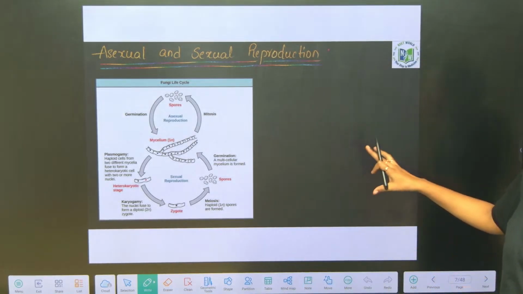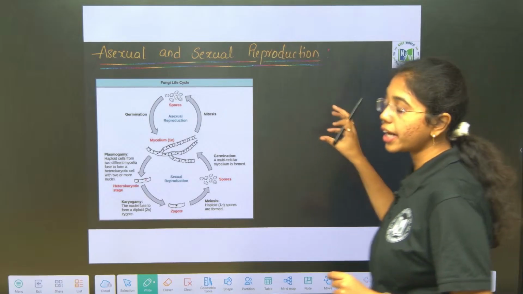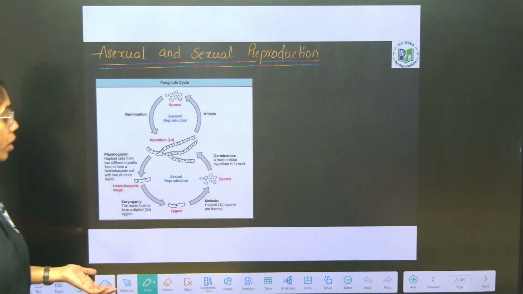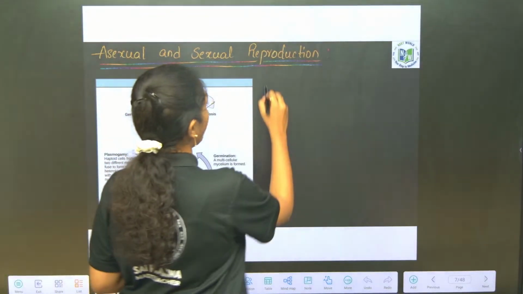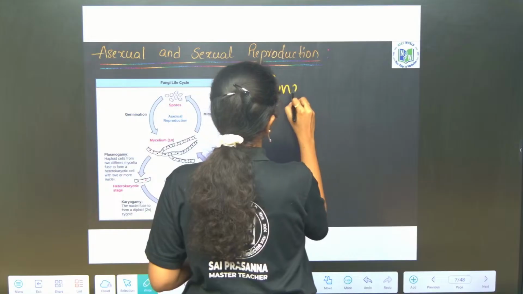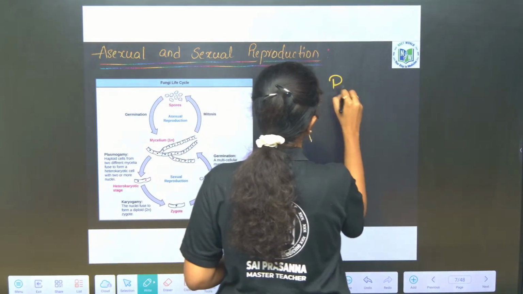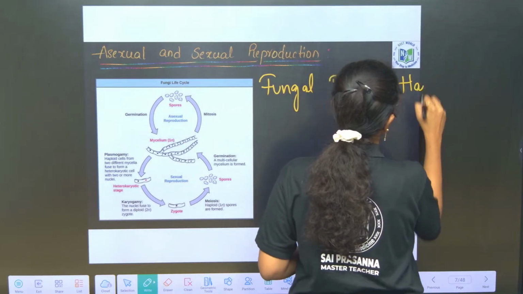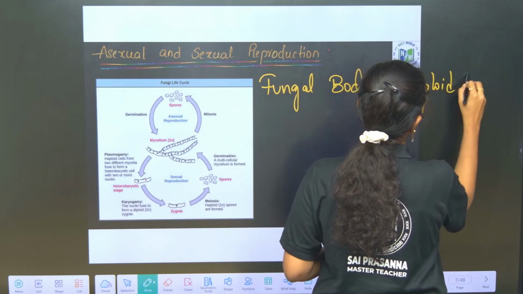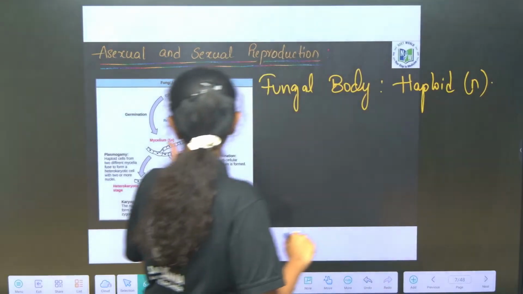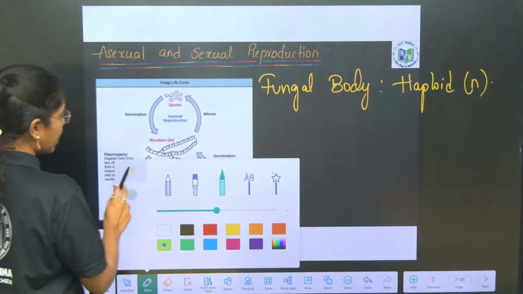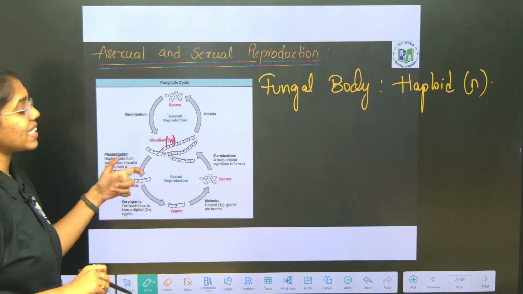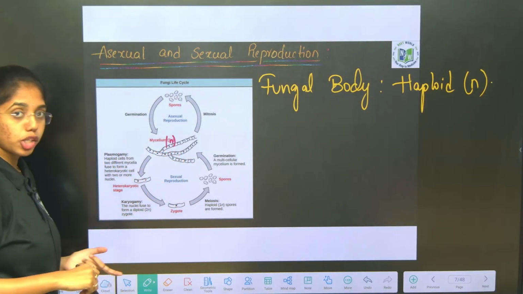Before getting into this, you should have a clear idea of the life cycle of fungi. As I told you, the fungal body is haploid. The haploid fungal body, the mycelium, produces asexual spores, which are haploid spores.